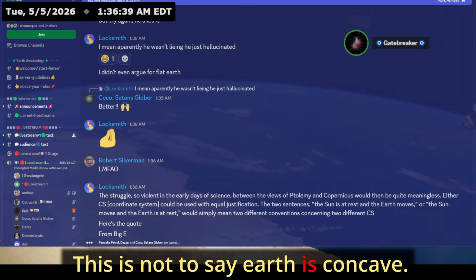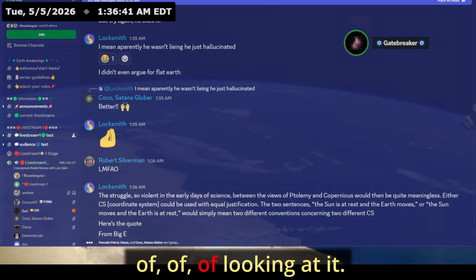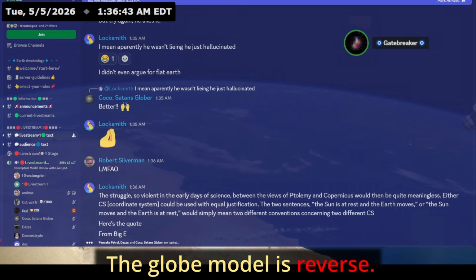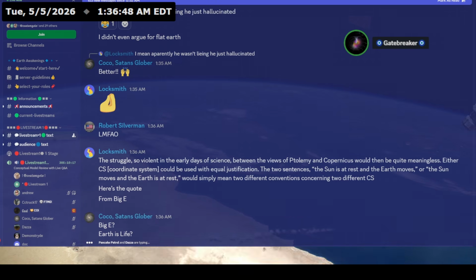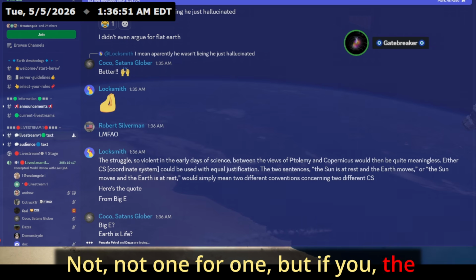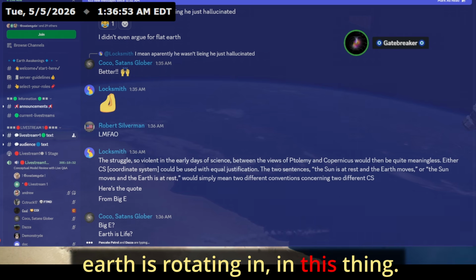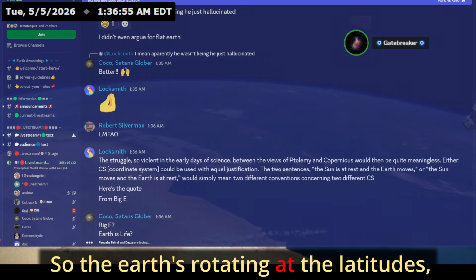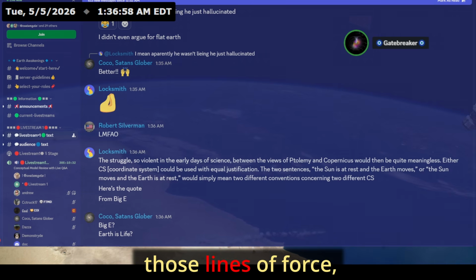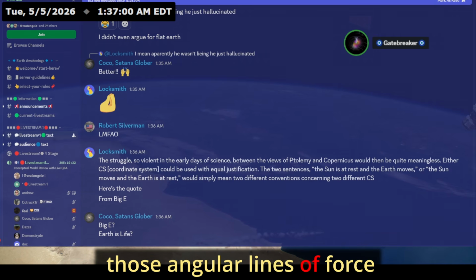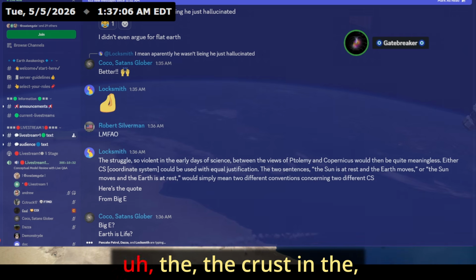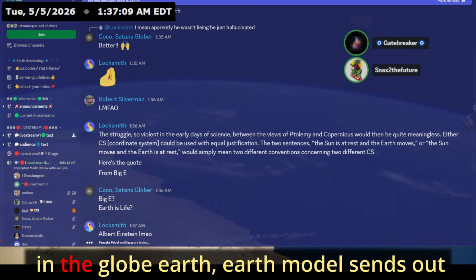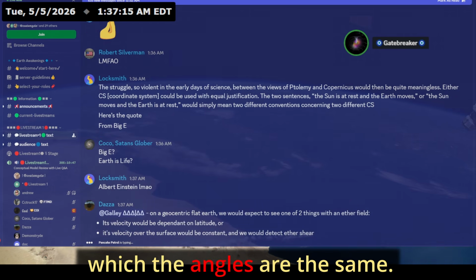This is not to say Earth is concave. This is just another way of looking at it. The globe model is reverse. This GIF we're seeing, this field is not correct, not one for one. But the Earth is rotating in this thing. So the Earth's rotating at the latitudes, those angular lines of force intersecting with the next thing above it, which would be the crust in the globe Earth model, sends out these angular things, which the angles are the same.